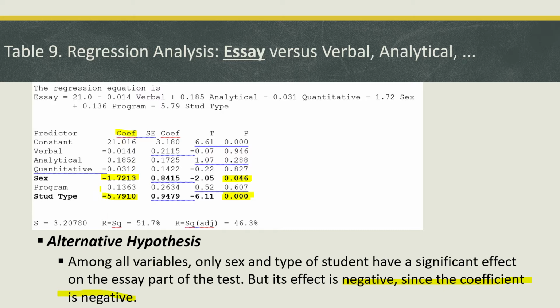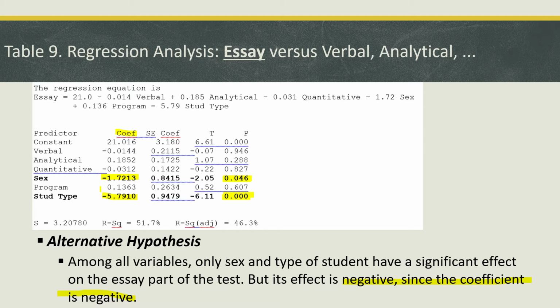Because the coefficient is negative, it means that in the essay type of test, regardless of sex, the students are actually doing the essay type of test, which is hard to explain.